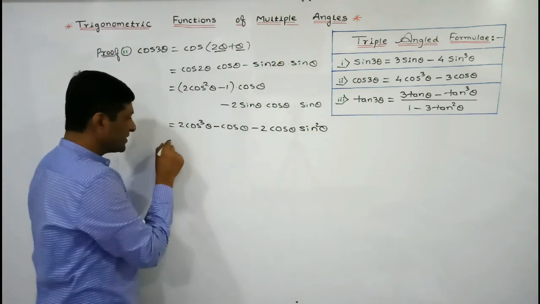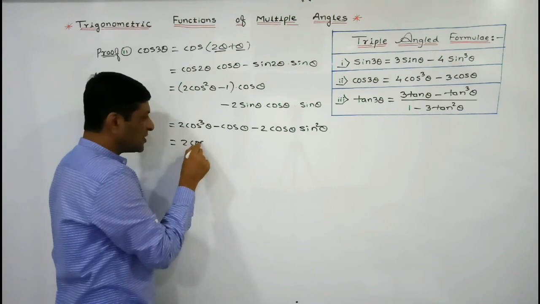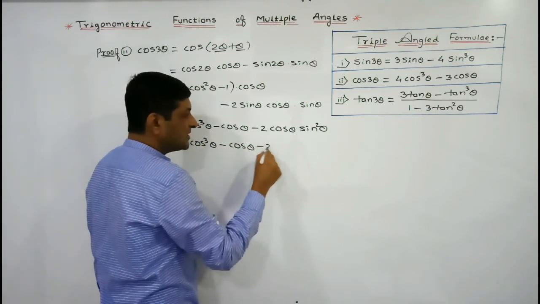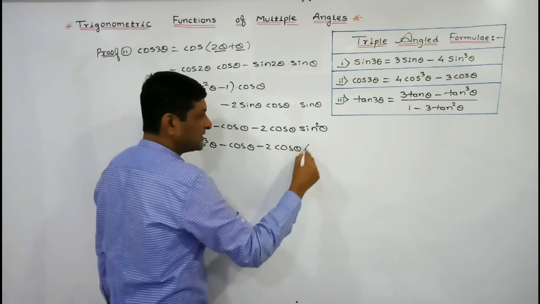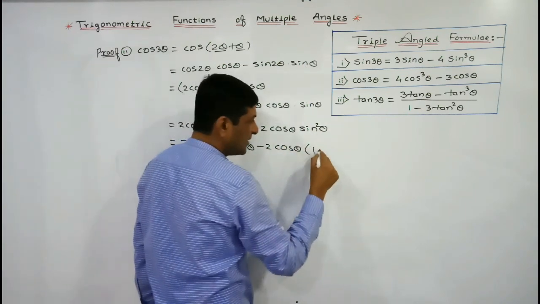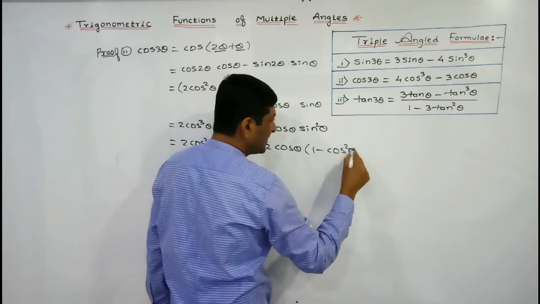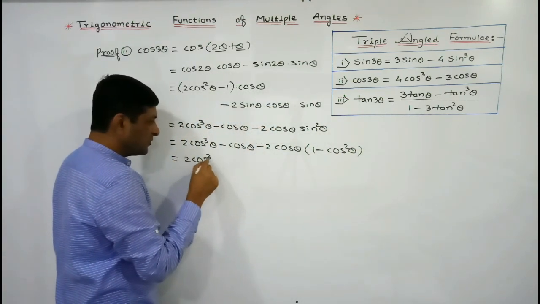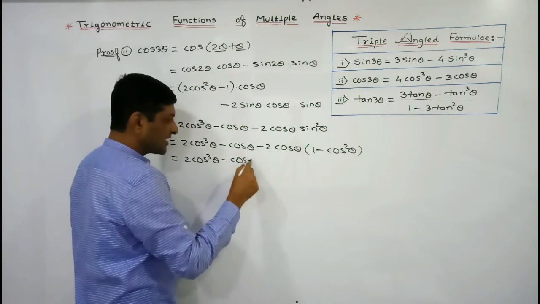Cos square. So keep the remaining terms as they are, 2 cos cube theta minus cos theta minus 2 cos theta as it is. What is the value of sin square theta? 1 minus cos square theta. So which is equal to 2 cos cube theta minus cos theta, keep it as it is.